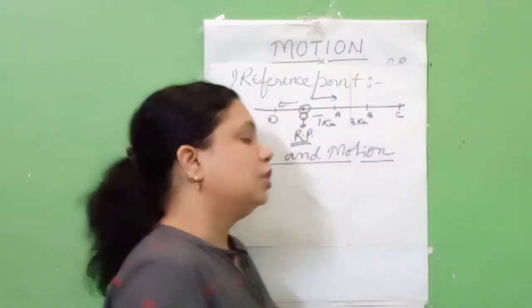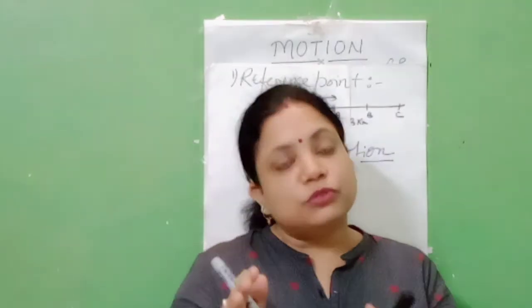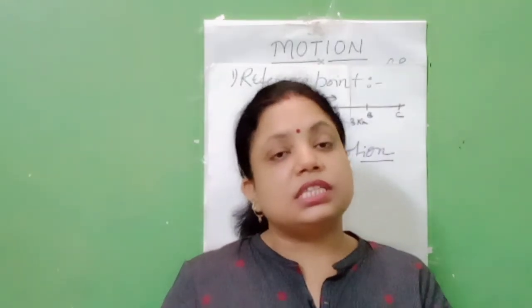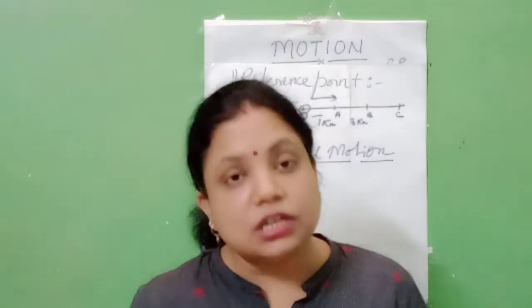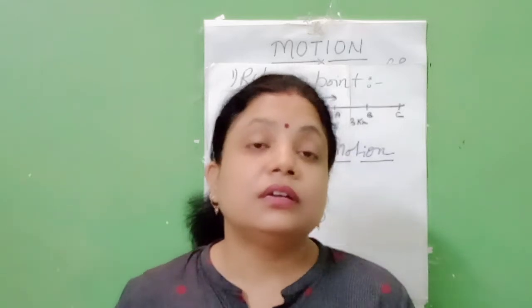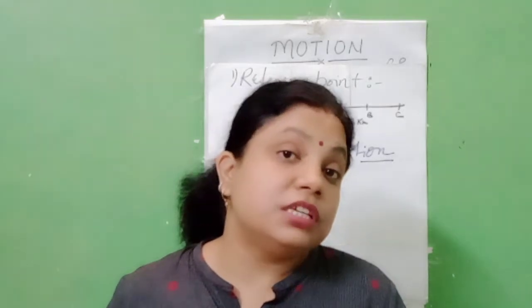Now, motion. Motion means, students, an object is said to be in motion if there is a change in its position with respect to time and with respect to the reference point.